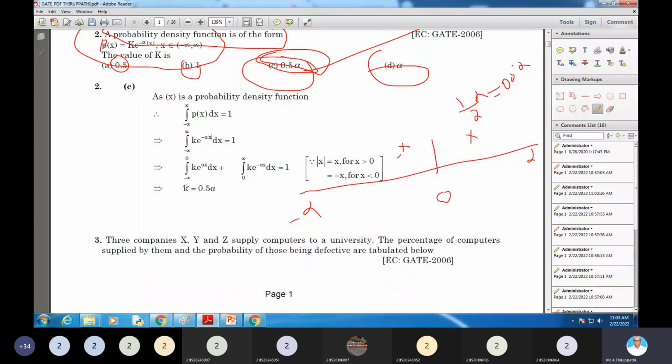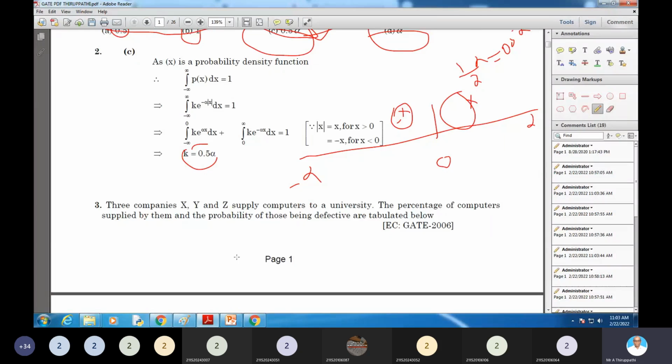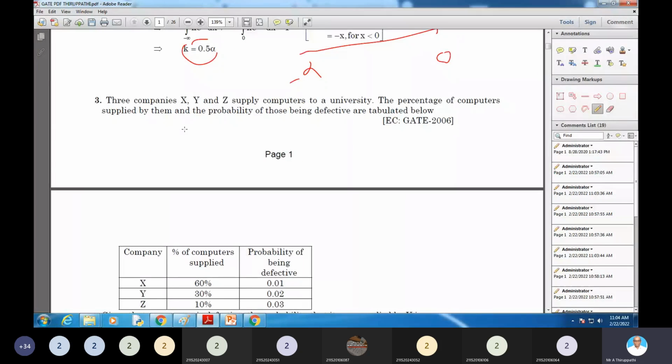So from minus infinity to 0, k e to the power minus alpha times minus x, minus of minus becomes plus, k e to the power alpha x dx, plus the integral from 0 to infinity of k e to the power minus alpha x. Then integrating, we get the same answer.